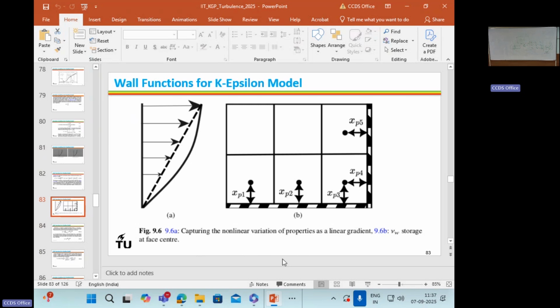Then we know the distance, we know the velocity difference, and we know the eddy viscosity at the phase center, so we save it. That compensates. Although it approximates the linear profile for the velocity, it enhances the eddy viscosity, so that it looks like a nonlinear profile. Clear?